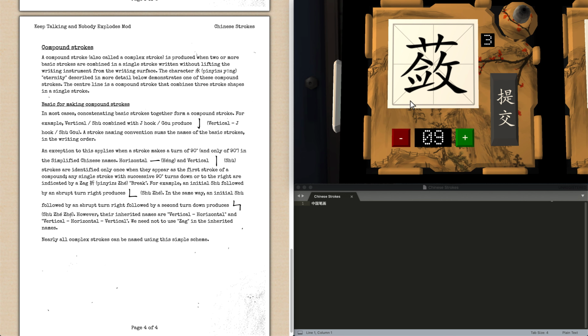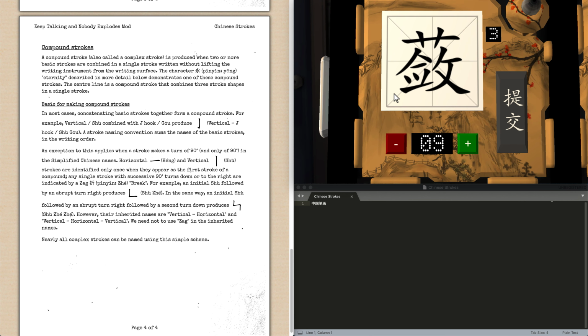Move on to stage 3. We haven't gotten any specifically hard characters here. In fact, all of these characters are just basic strokes for the most part. So we have 1, 2, 3, 4, 5, 6, 7, 8, 9, 10, 11, 12, 13, 14.